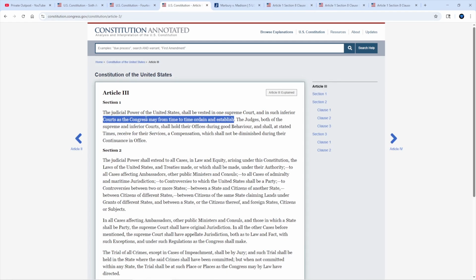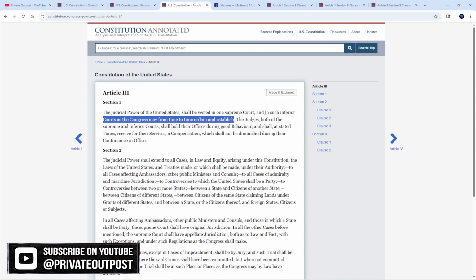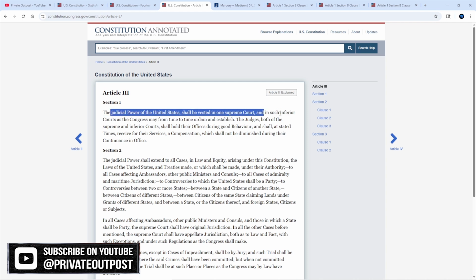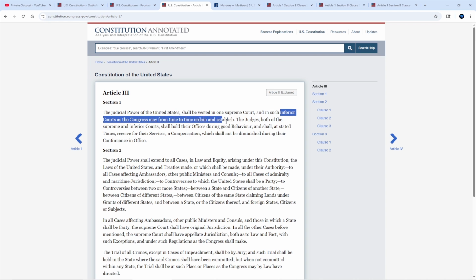Article 3, Section 1 is where the judicial power was given. That's a misnomer, okay? So it's not the judicial power that was given or granted to these inferior courts. That's how they trick you. They want you to believe that. What actually is occurring here is that the judicial branch is granting a legislative power to the Congress.